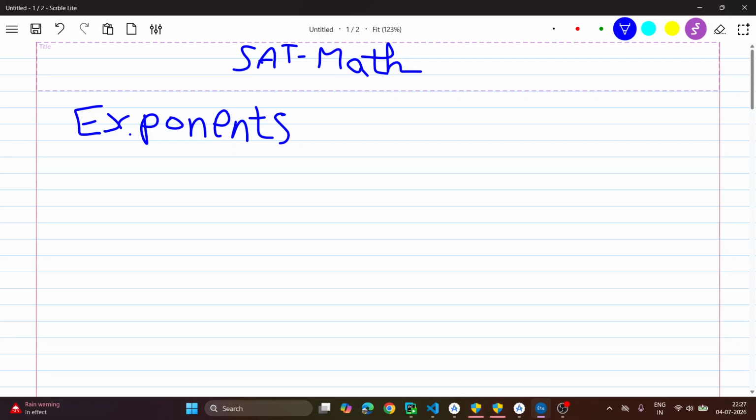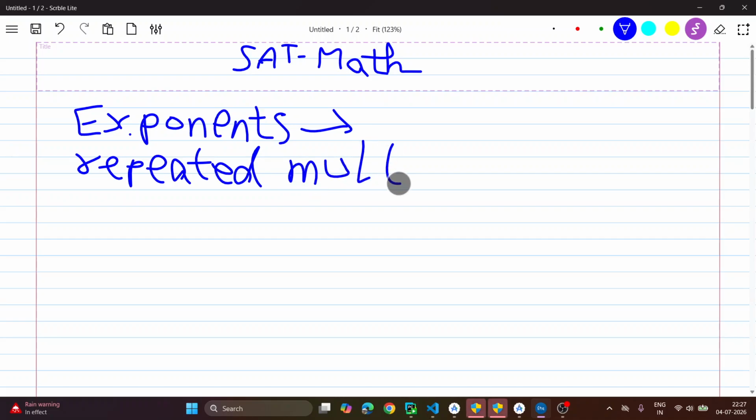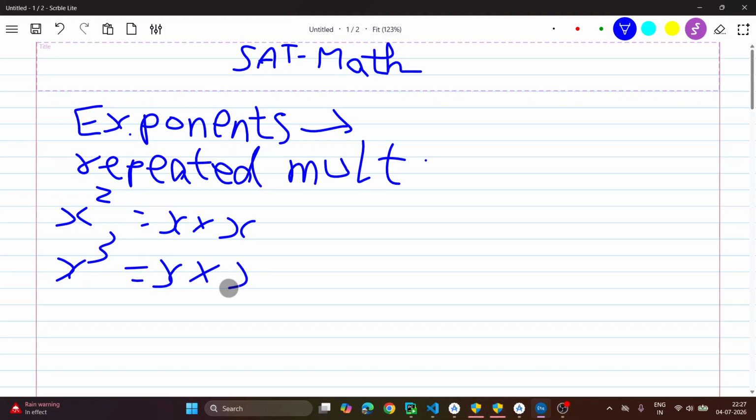So first of all, what is an exponent? An exponent is nothing but repeated multiplication. So x squared equals x into x, and x cubed equals x into x into x.